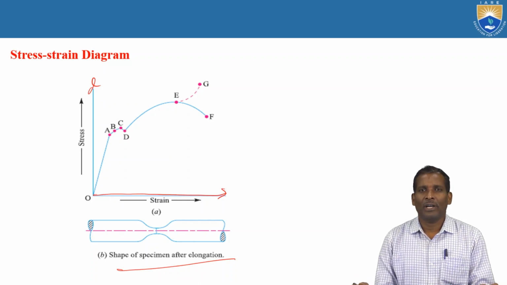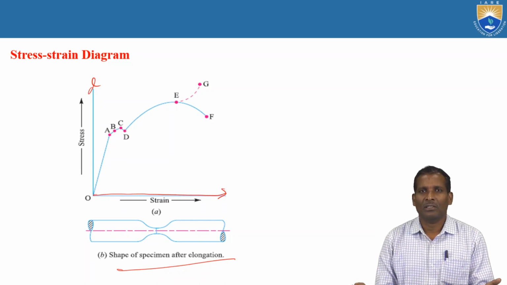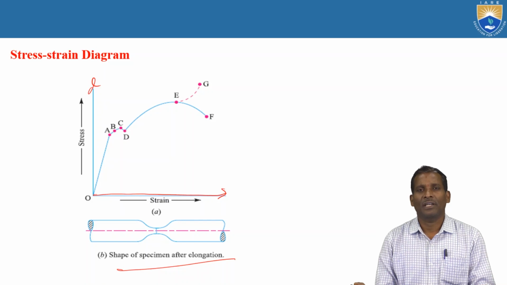At a particular point, you can determine stress and strain values. All these values you can plot on the stress strain diagram. That's why the stress strain diagram is very important for a mechanical engineer.